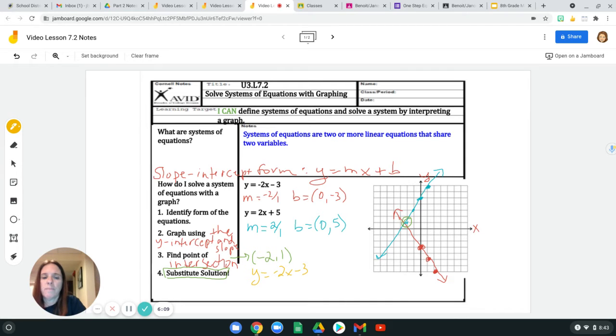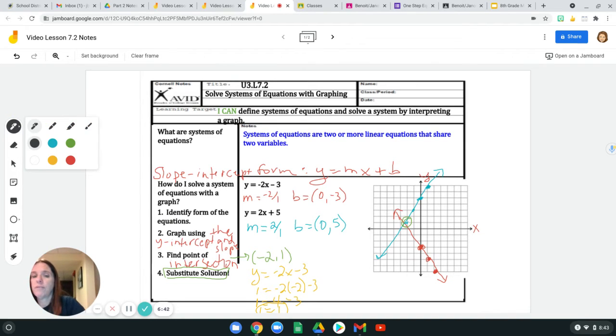All right, my y is 1, so I'm going to substitute 1 there. 1 equals -2 times x is also -2 minus 3. And then I have some PEMDAS work to do on the right side. This left side stays 1. -2 times -2 is +4. And then I have to do 4 minus 3. And 4 minus 3 is 1. So 1 equals 1. So it worked in the first linear equation in our system.